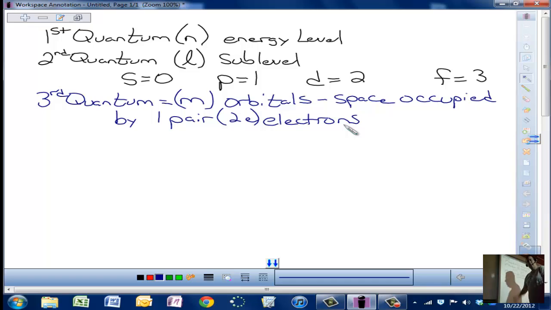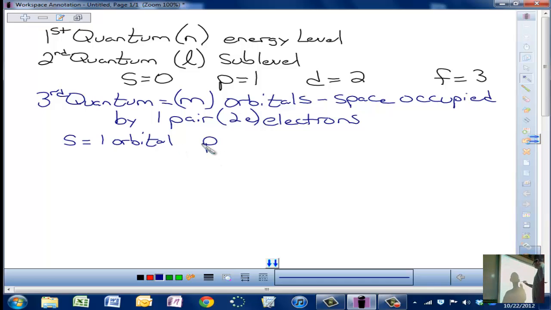If you go back and think about the PowerPoint that I presented to you the other day, I said an S was a sphere, a beach ball in shape, and then it got bigger and bigger. Each S is only going to have one orbital.